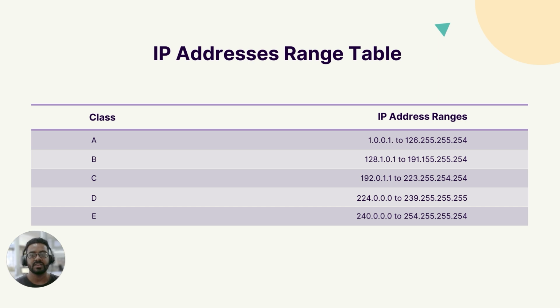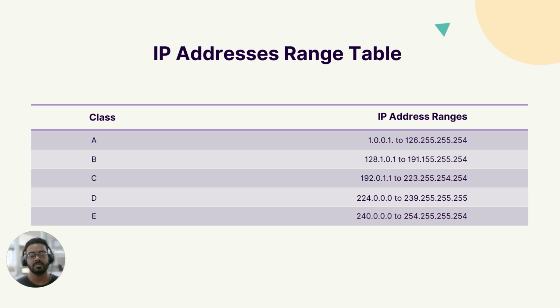That is because this range is reserved for special addresses called the loopback addresses that I've already mentioned a bit earlier. The rest of the classes are allocated to companies and organizations based upon the amount of IP addresses that they may need. The address 0.0.0.0 is a special network and is generally used for routing.